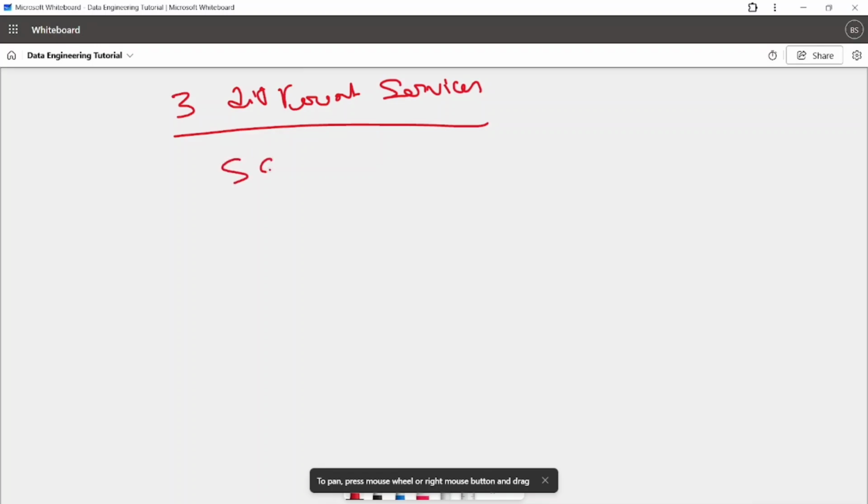Microsoft has more than 100 services, and they have categorized them into 3 different types of services. What are the 3 different services? One is SaaS, which means software as a service.